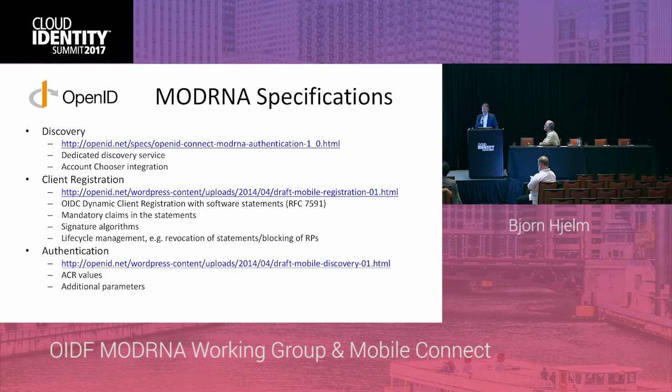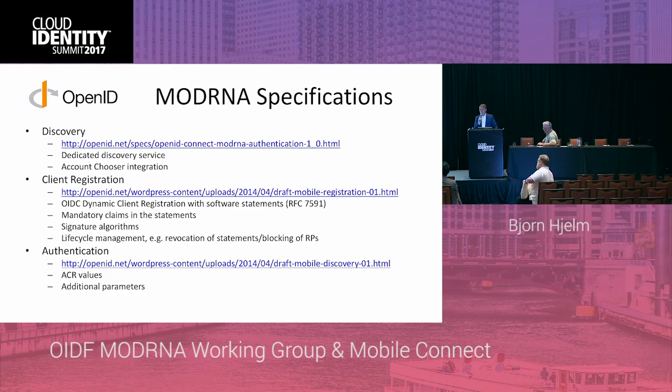We have the client registration. It's based on the OpenID Connect dynamic client registration, with the added software statement and some mandatory claims in the statements. And it also includes some lifecycle management in terms of when a client needs to be revoked.